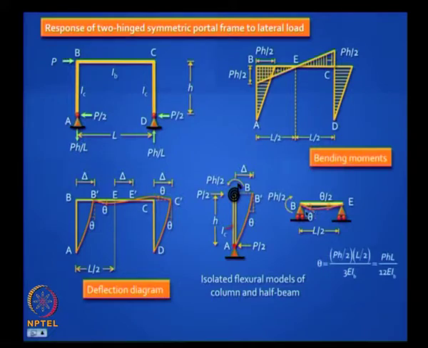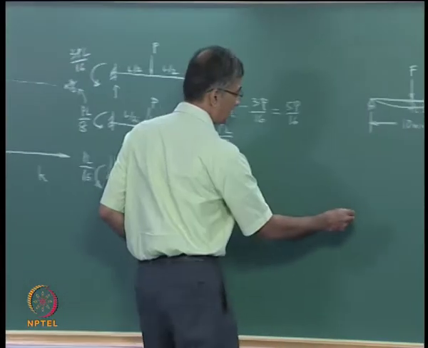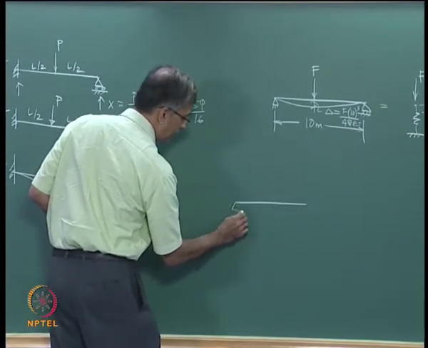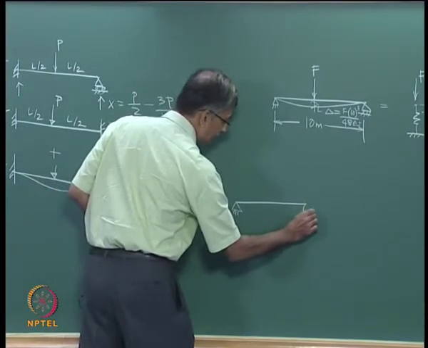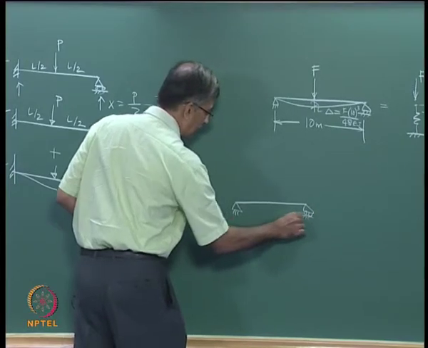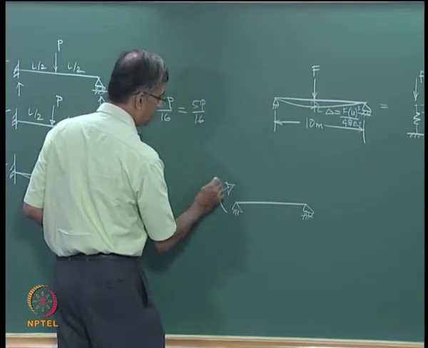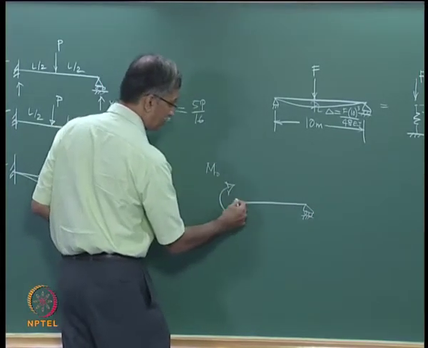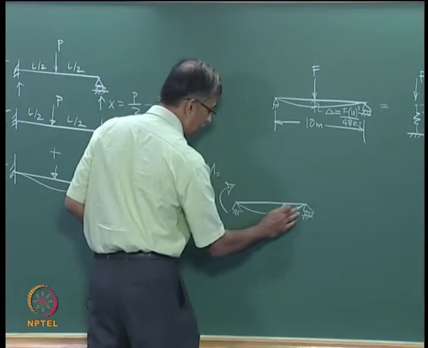If you have a simply supported beam of span L by 2, do you agree about the relationship between the moment and that beam? Let us say I have an elastic beam, and I apply some moment here, say M naught, this is going to rotate like this.